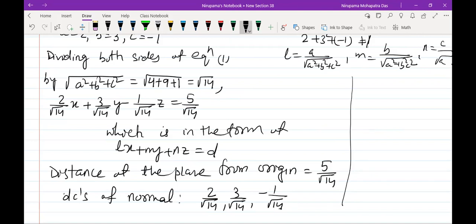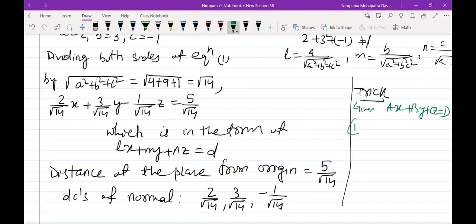What is the trick we have used? First step: at the moment you see the equation given in the form ax plus by plus cz equal to d or minus d equal to 0, so this is given to you.